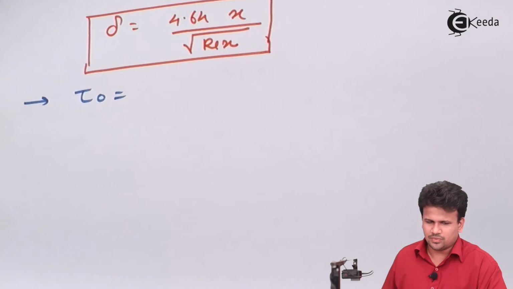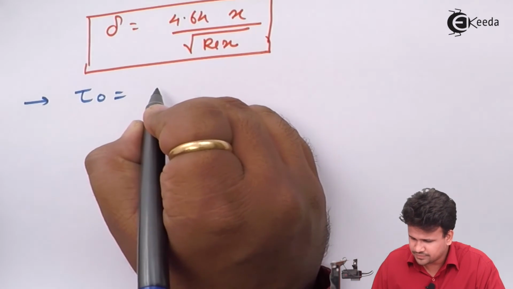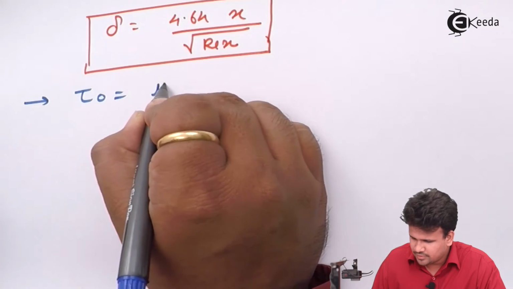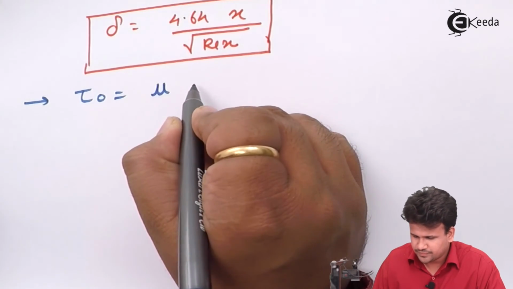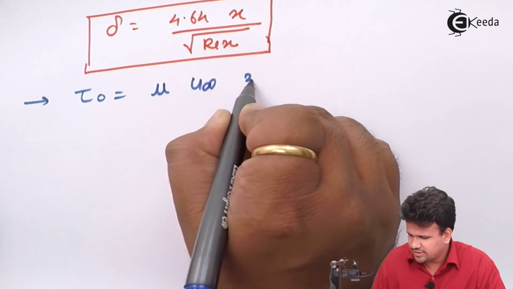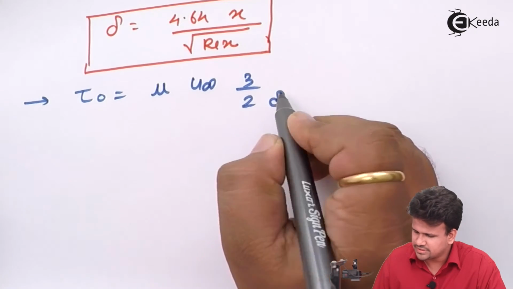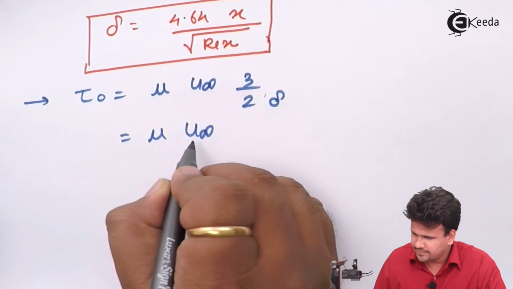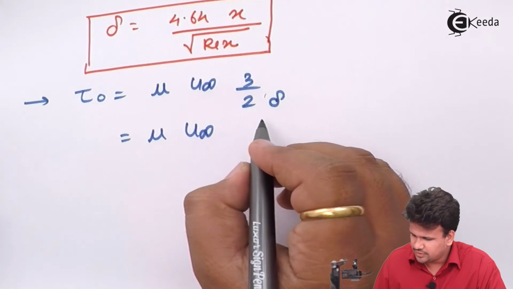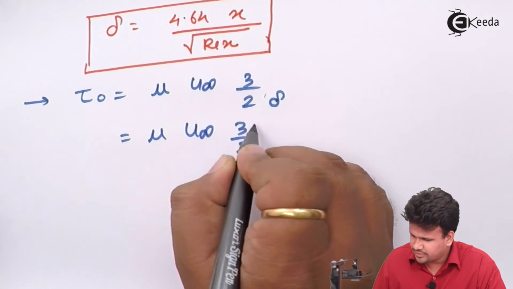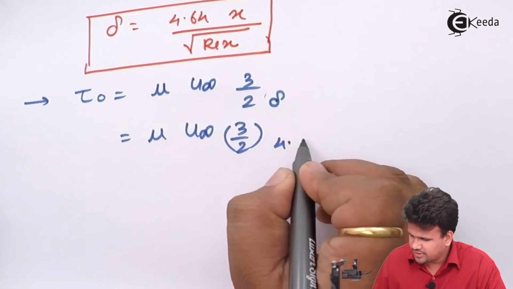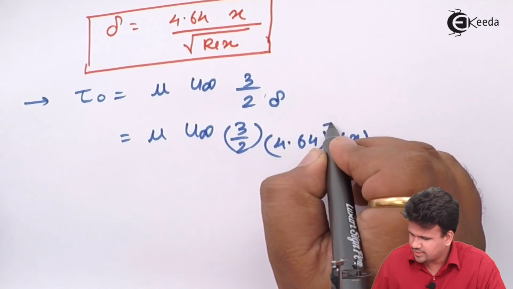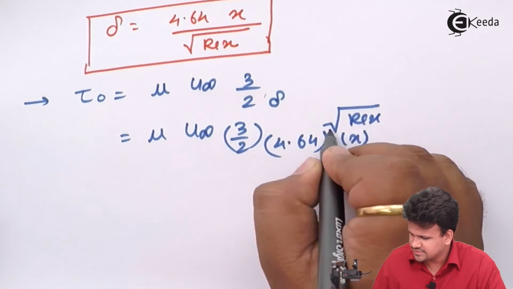So tau is equal to mu into u infinity 3 upon 2 delta. This is the equation. So this will be mu into u infinity into 3 by 2 into 4.64 into x into square root of Re_x.